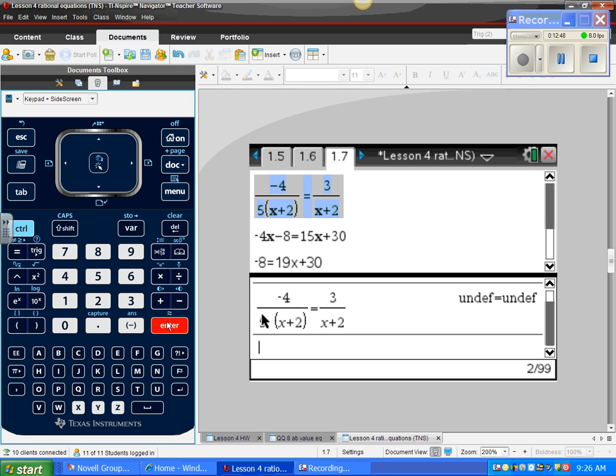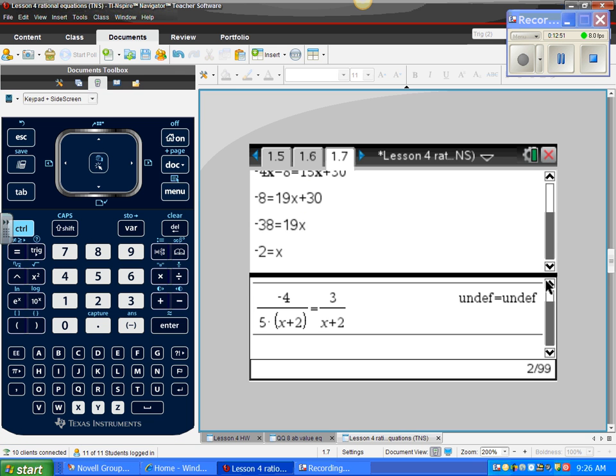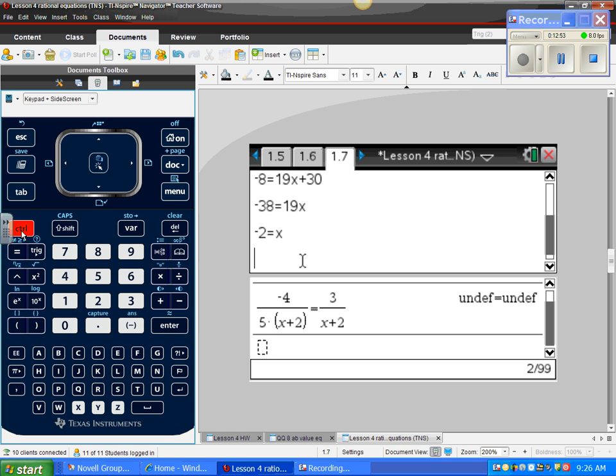No, no solutions. Okay, so my solution is the empty set. No solutions. Okay, and that's a possibility too. There can be no solutions to an equation, absolutely. It means if I were to graph either side of the equal sign, they would have no intersection point. They would never intersect. Okay?